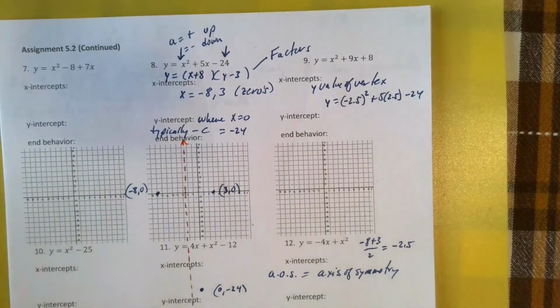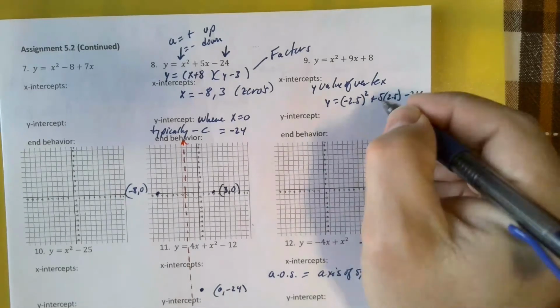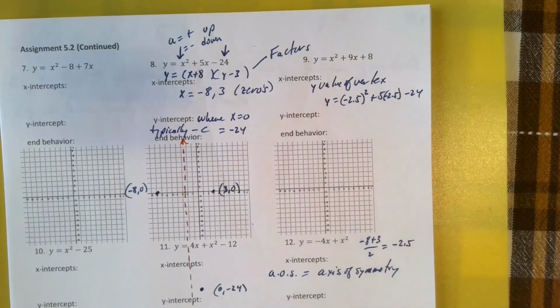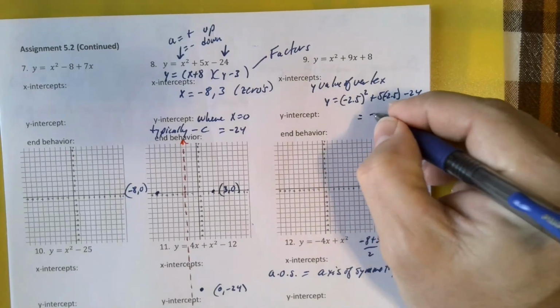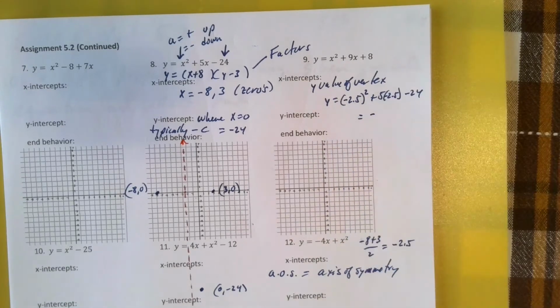And if I punch that into my calculator, I'm going to get -2.5 squared plus 5 times -2.5. That's a -2.5 right there. And then minus 24. And I'm going to get negative, wait a minute, that's not right. I forgot to put that in parentheses.